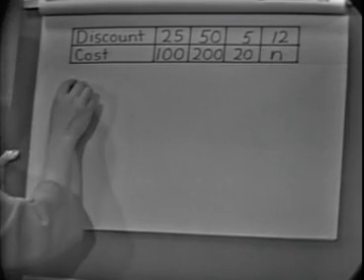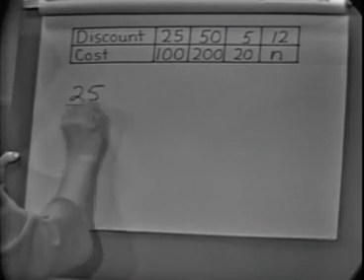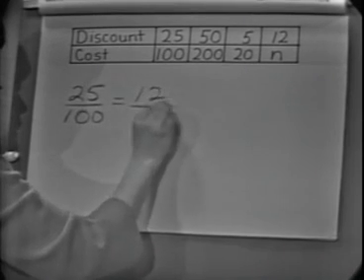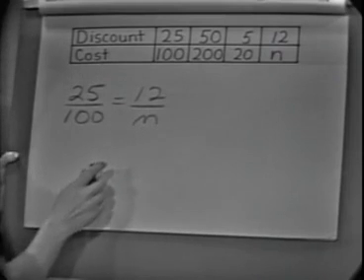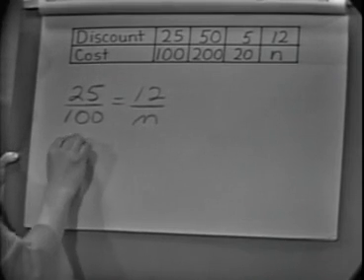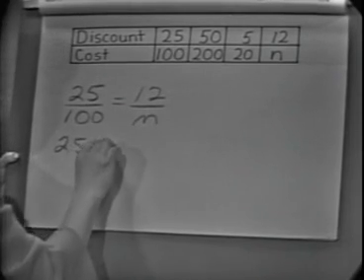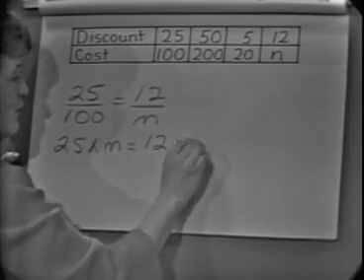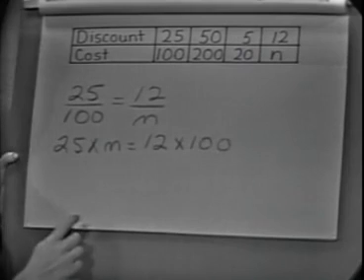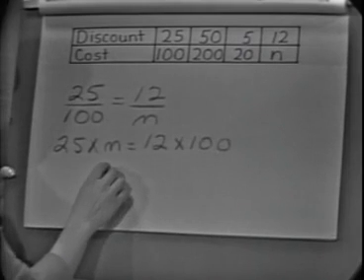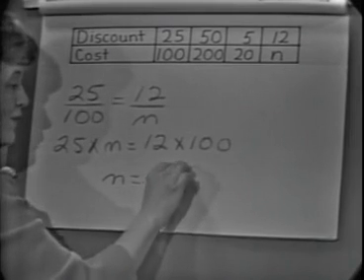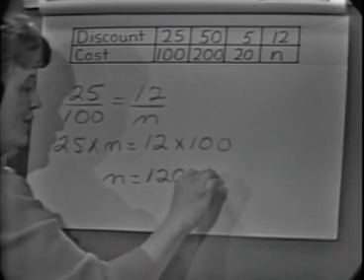We can write 25 is to 100 as 12 is to n. Then 25 times n is equal to 12 times 100. Or we can say then that n is equal to 1200 divided by 25.